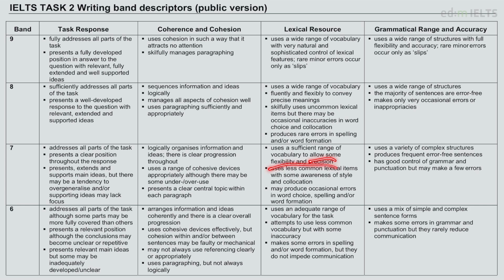Some flexibility and precision. I wouldn't say that the vocabulary is used fluently and flexibly to convey precise meanings, with only occasional inaccuracies. The inaccuracies are more than occasional, and there's some flexibility and precision. And for grammar, a variety of complex structures, but not a wide range.